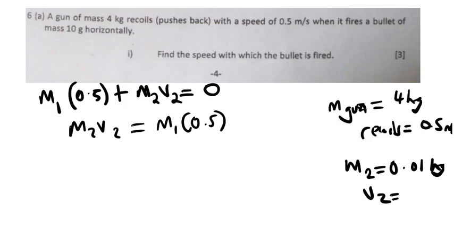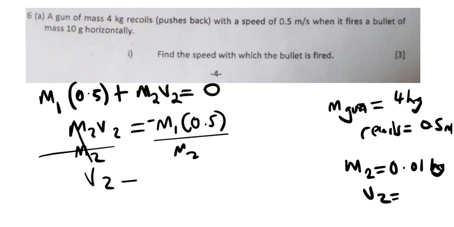Then I'm going to divide by m2, because we know the mass for the second ball. The mass for the first ball, m1, we've been given that it is 4 kg. We're multiplying this by 0.5 over m2, which is 0.01 kg.